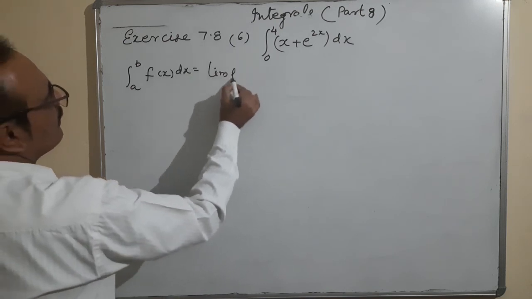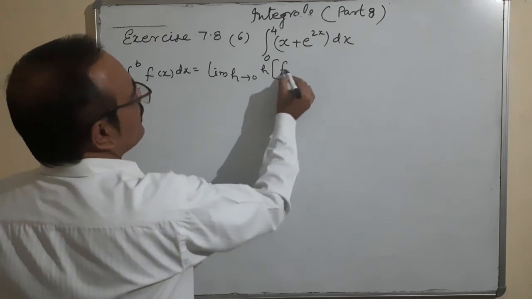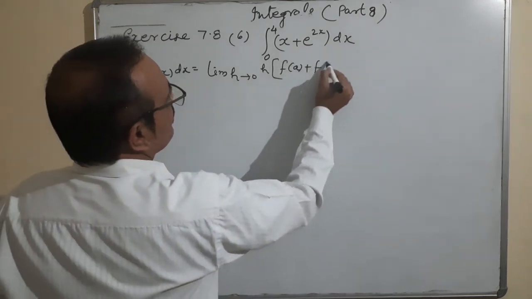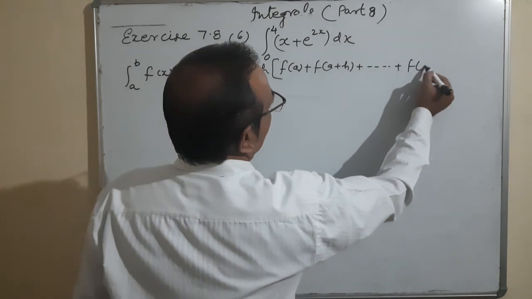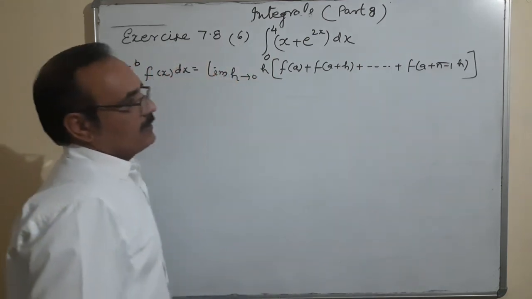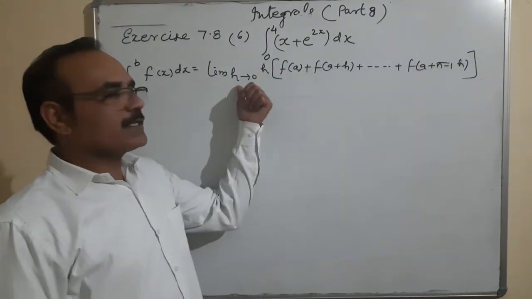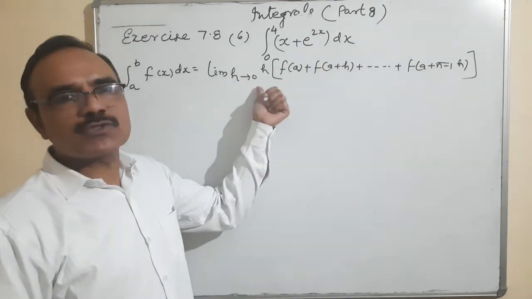Formula: h times f of a plus f of a plus h plus up to f of a plus n minus 1 into h. In some books, in place of h, they use the term n. So in place of h tends to 0, you can use n tends to infinite.